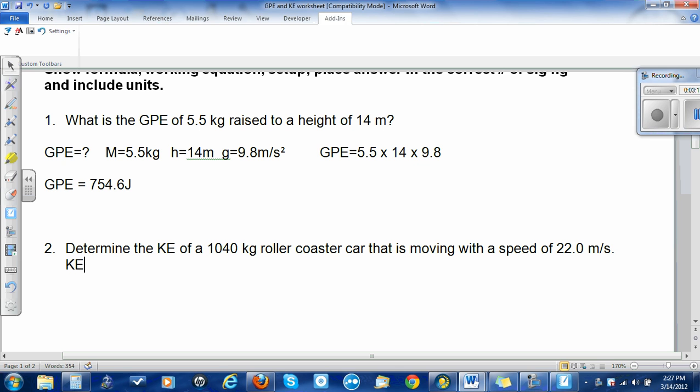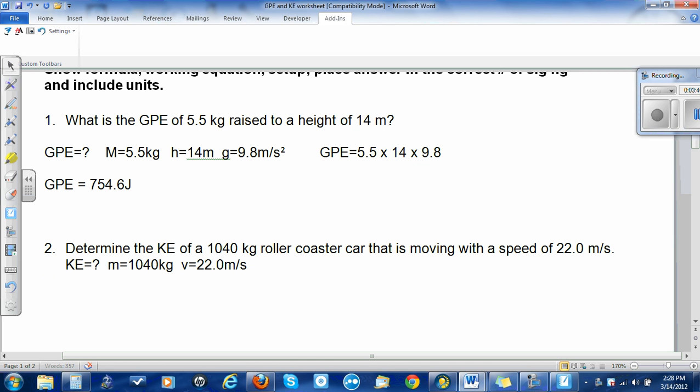So KE equals question mark, of a roller coaster with M equals 1040 kilograms. V equals 22.0 meters per second.